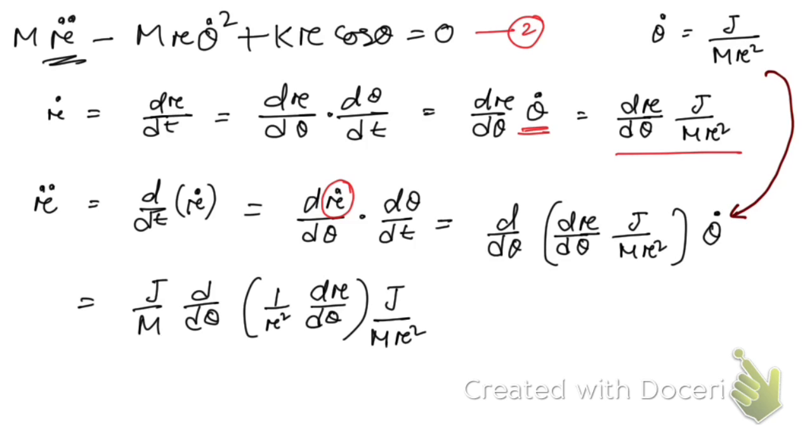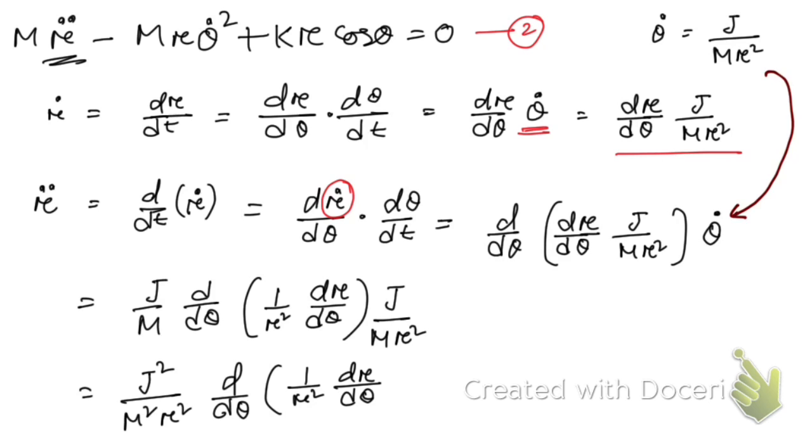So after multiplication, we're going to have j square by m square r square, then again the derivative with respect to theta of 1 by r square dr by d theta. That's what we're going to have.